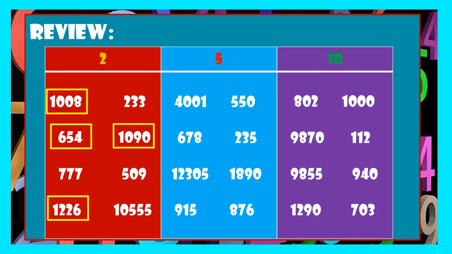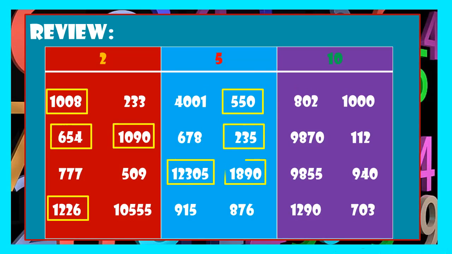Now, how about 5? What are the numbers that are divisible by 5? 550. What else? 235. What else? 12,305. And then, what else? 1,890 and 915.